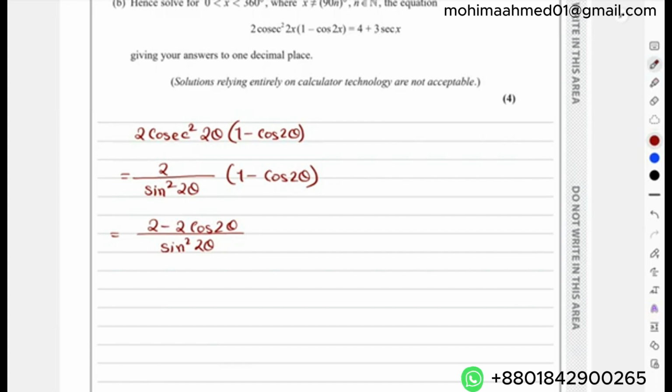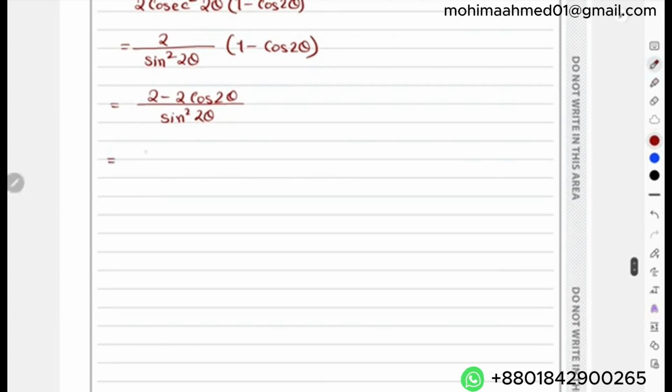Okay, so we can write 2 minus 2 cos 2 theta. Again, cos 2 theta can also be broken down into 1 minus 2 sine squared theta, right? So you can write that as 1 minus 2 sine squared theta. Finally, at the denominator, we can write 4 sine squared theta cos squared theta.